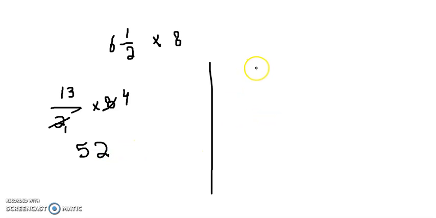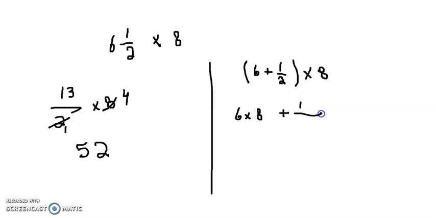In the second method, we can break the mixed fraction into 6 plus 1 by 2, and we can multiply 8 with it. We multiply 6 with the 8, plus 1 by 2 with the 8.